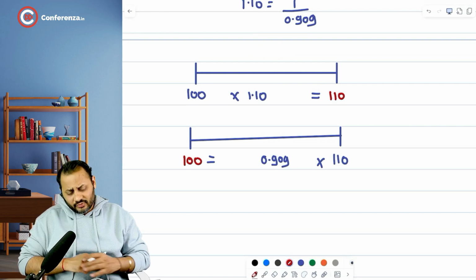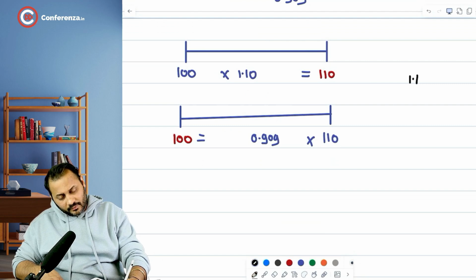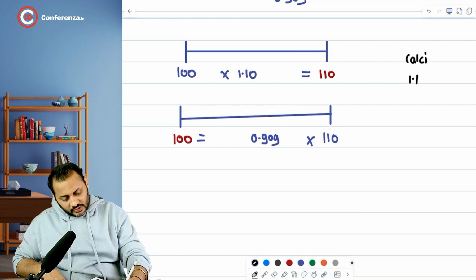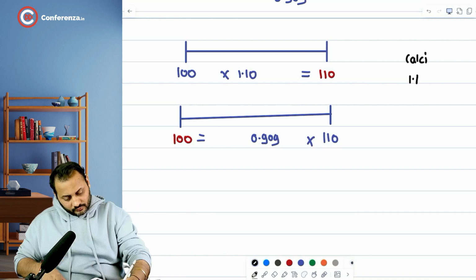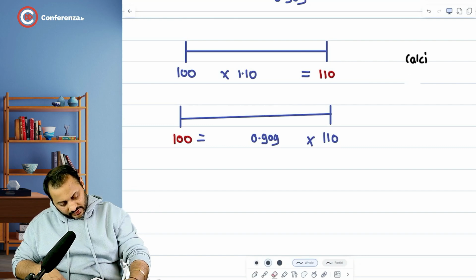How do we calculate it? It's very simple. On the calculator, you keep 1.1, and then you can do it like this, the present value factor, on the calculator.